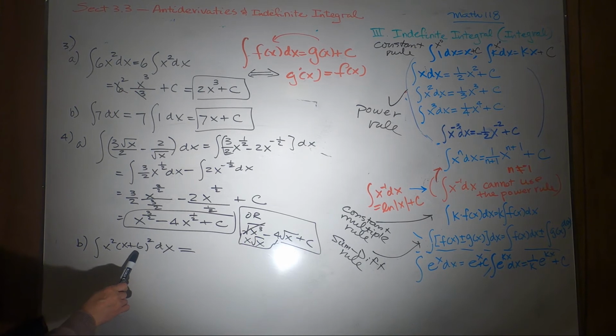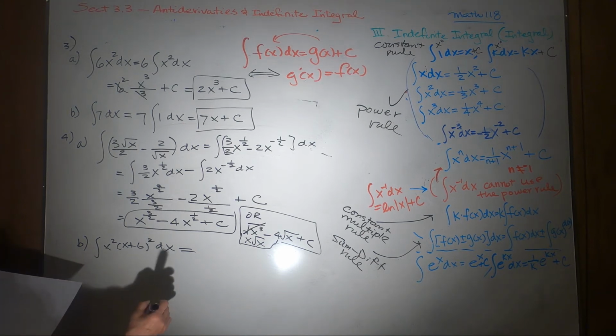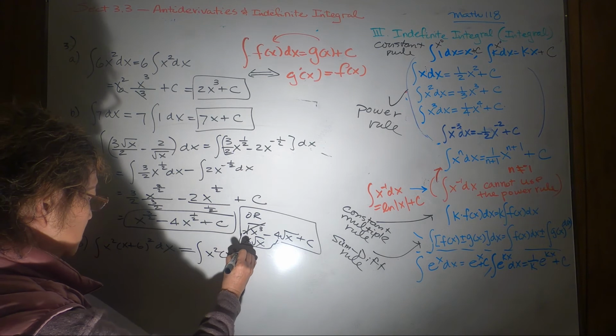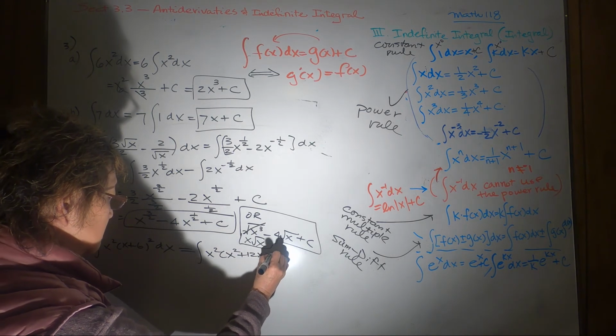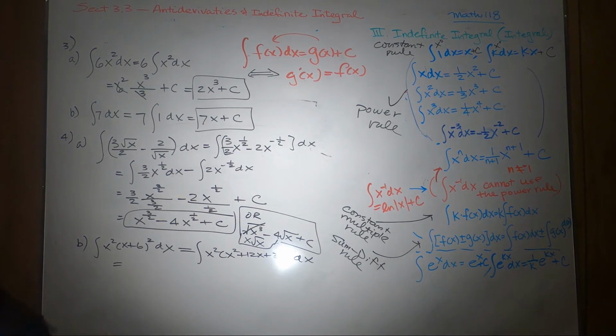You do the FOIL. Don't give me x squared plus 36. You need to FOIL them. Then multiply by x squared. So we have x squared times x squared plus 12x plus 36 dx to do the integral.